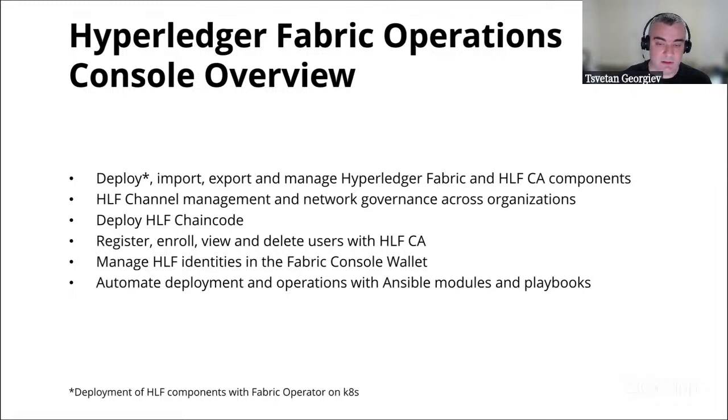This is the wallet we are focusing on today, and I'll show you what it is and how the enhancement helps with the functionality. And last but not least, there is a set of Ansible modules and playbooks that allows you to automate any deployment and operation with the Fabric console.